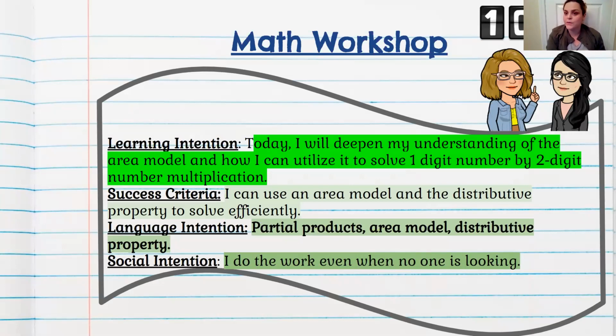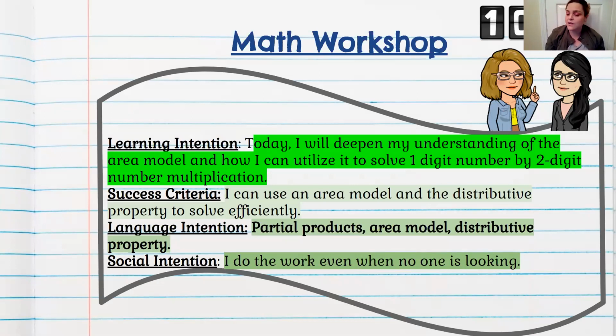And so we're going to start off also with our learning intentions for today. All week, we've really been digging deep into area models and distributive property as an efficient model and strategy. And so our learning intention for today is I will deepen my understanding of the area model and how I can utilize it to solve one-digit number by two-digit number multiplication. My success criteria: I can use an area model and the distributive property to solve efficiently.